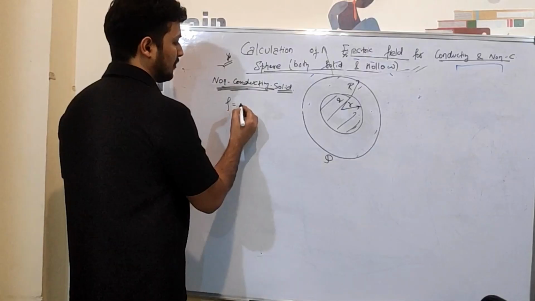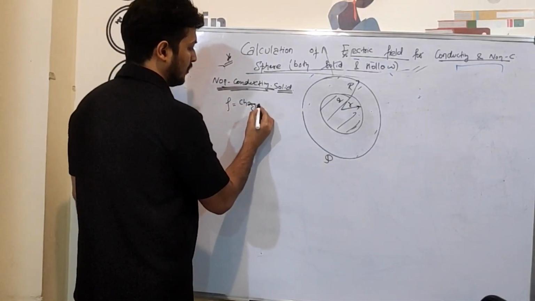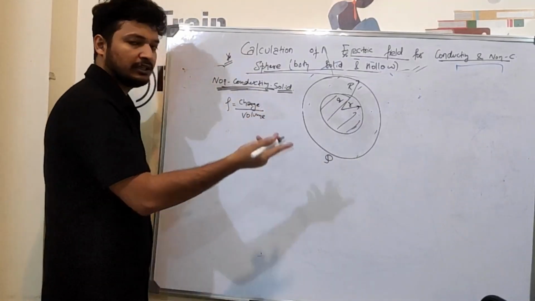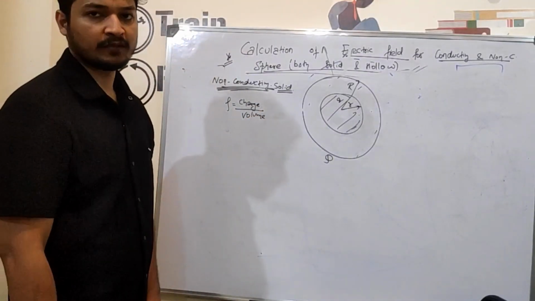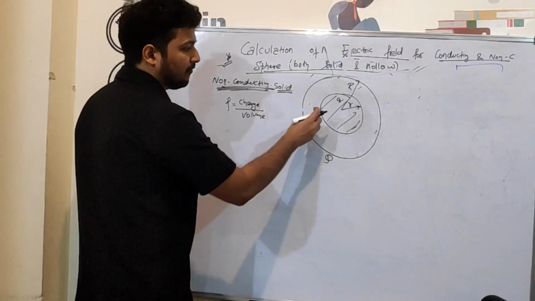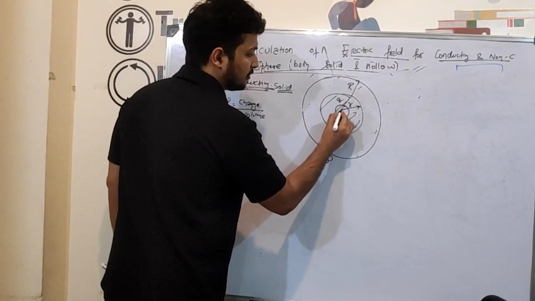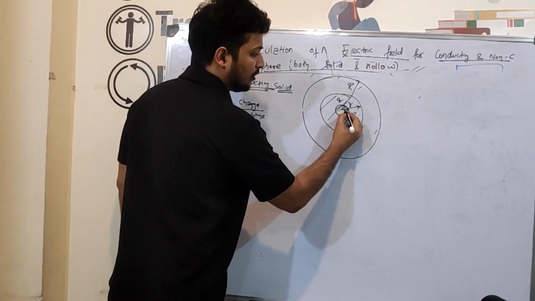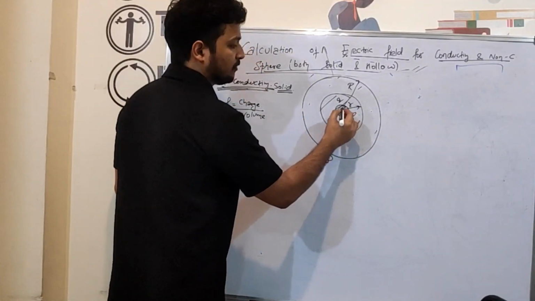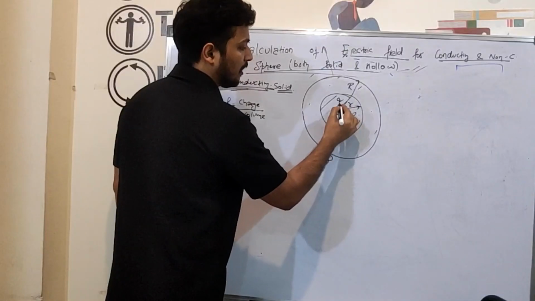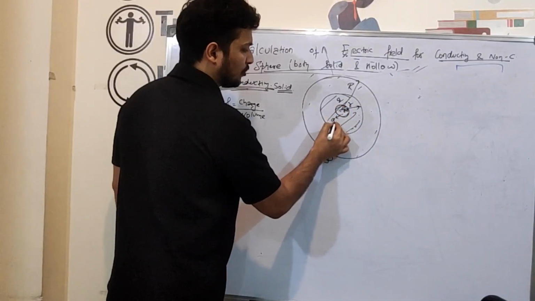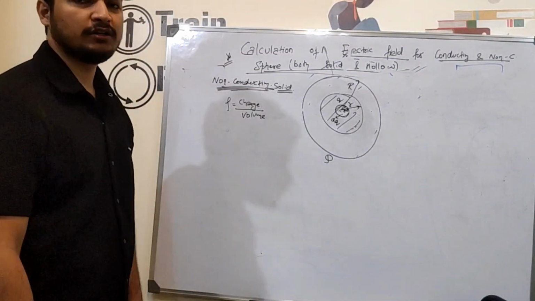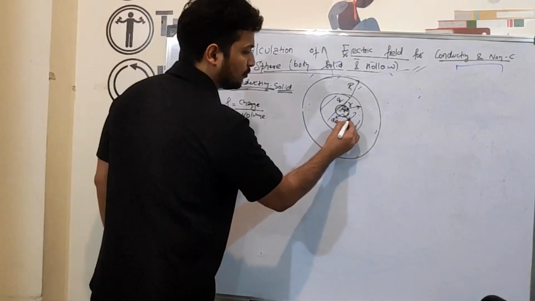That means the value of charge divided by volume in both cases is going to be the same. Even if it was an infinitesimally small sphere, of radius dr, it also has some charge which we can say is infinitely small, dq, and a small volume, dV.